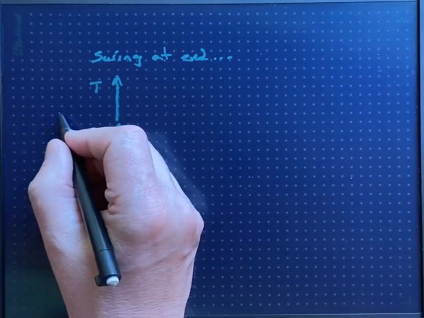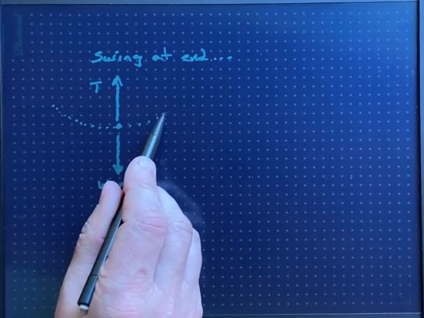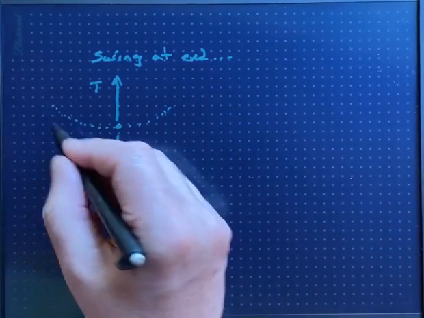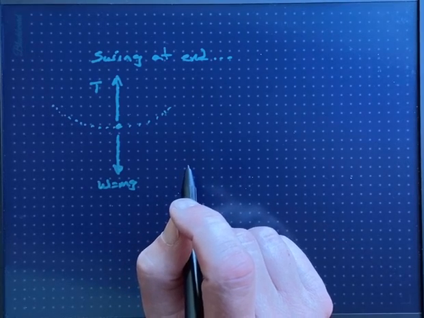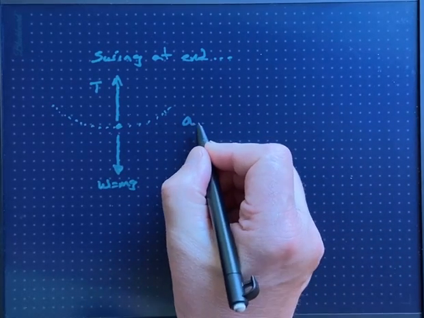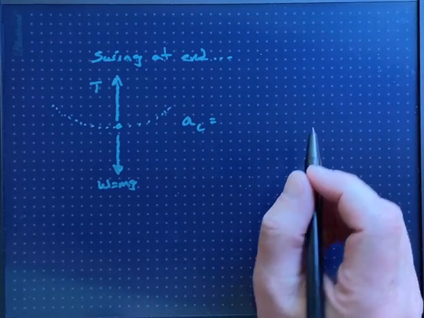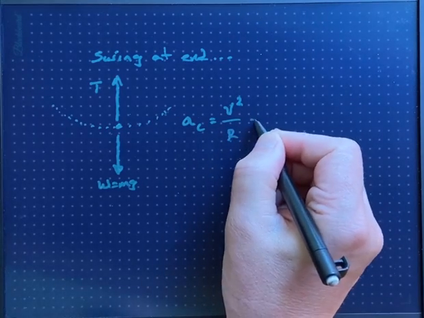Well, I want to stress to you that behind all of this is the fact that you, or whoever's swinging at the end of this rope, is moving in a circular path. And anytime something moves in a circular path, then the centripetal acceleration needs to be taken into account. And the centripetal acceleration is v squared over r.